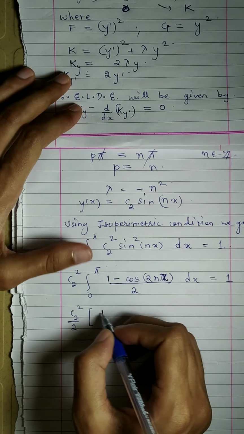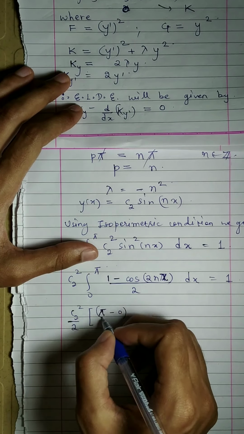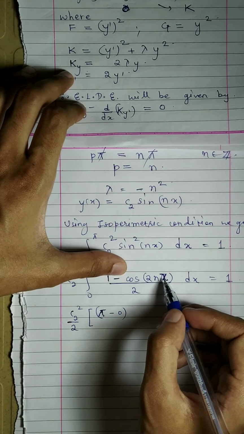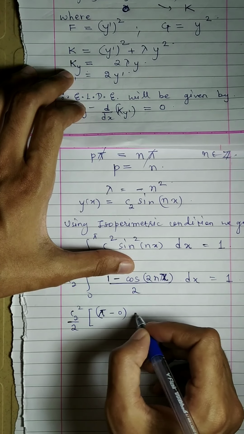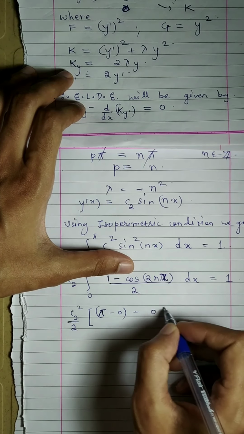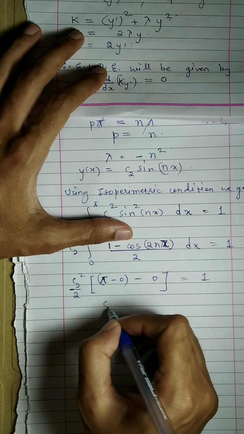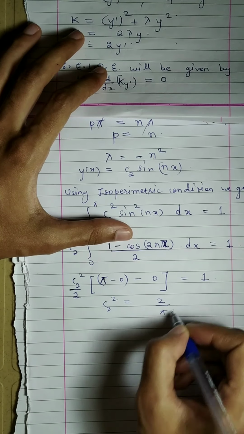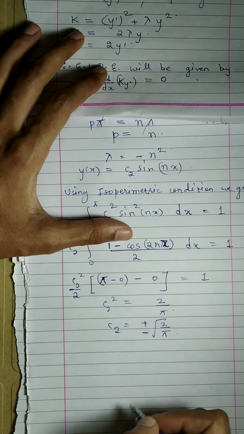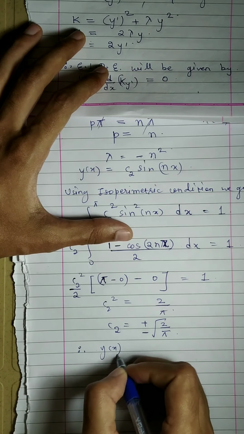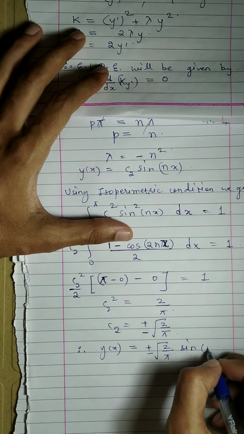This 2 we can keep out, so this will be pi minus 0 after integrating, and the second term will be sine of 0, so it will be equal to 0. Okay, this is equal to 1. So we will get c2 square is equal to 2 by pi, c2 is equal to plus or minus root of 2 by pi, and therefore y of x is equal to plus or minus root of 2 by pi sine of nx.